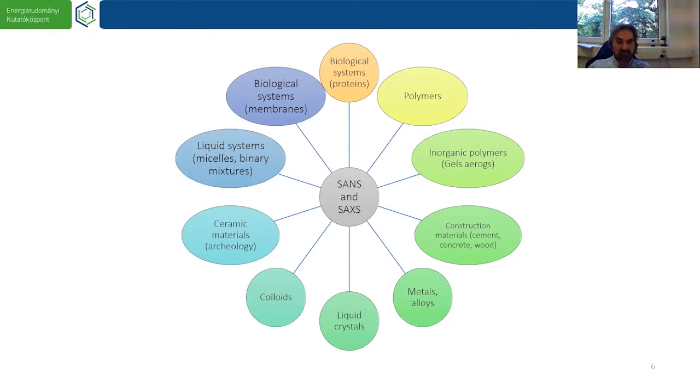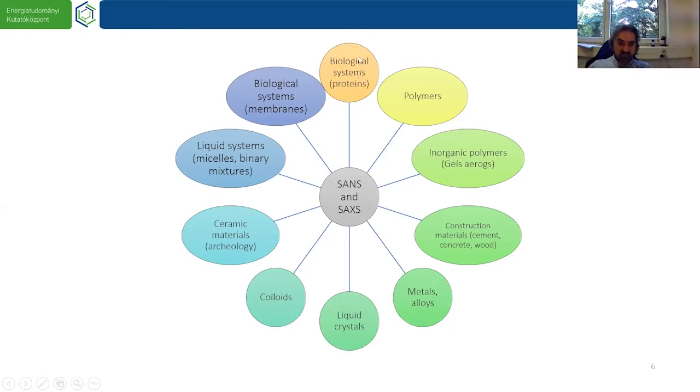Now, liquid systems are important for physical chemistry, for example micelles or all kinds of solutions of surface active molecules. But they are also very good model systems which can support the development of the theory of liquid matter, the theory of everything, of basic interactions.